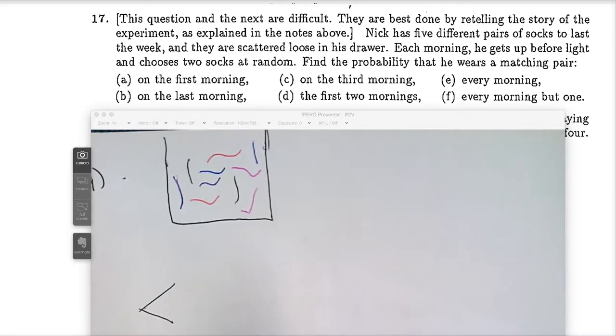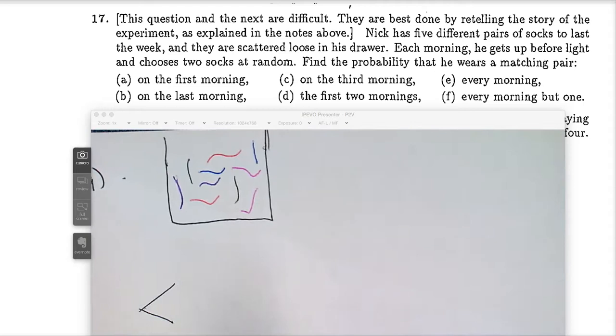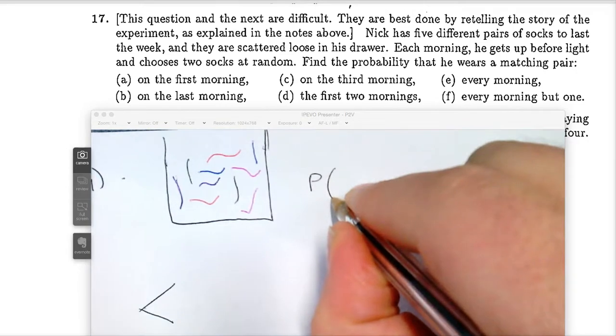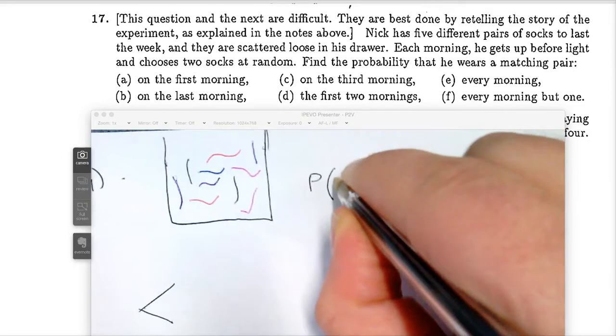Whatever he picks up, it doesn't matter. So let's say he picked the purple. What's the chance now that he's going to pick the matching sock?